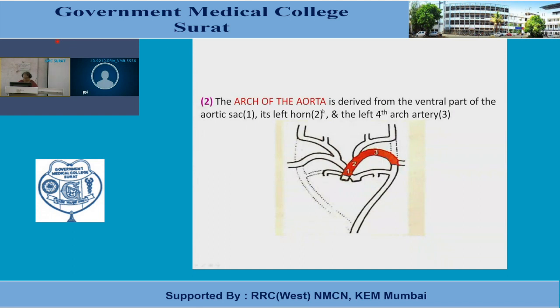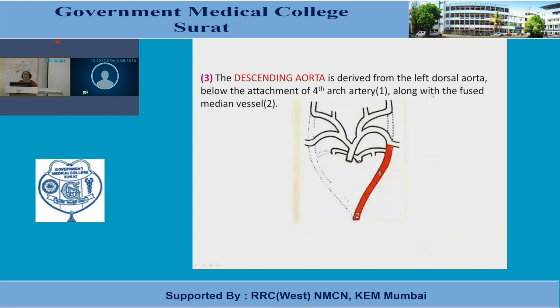Now how the descending aorta is derived from the left dorsal aorta. This is the left dorsal aorta, and this is the right dorsal aorta. Now the descending aorta is derived from the left dorsal aorta below the attachment of the fourth arch artery. Here you can see the third arch artery; the first, second and fifth disappear. So the third, fourth and sixth arch arteries are there.